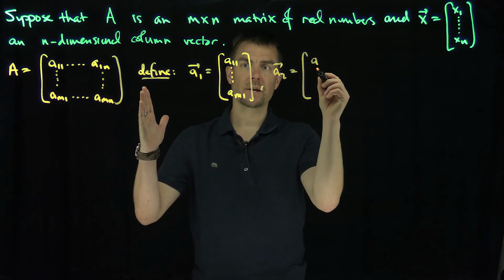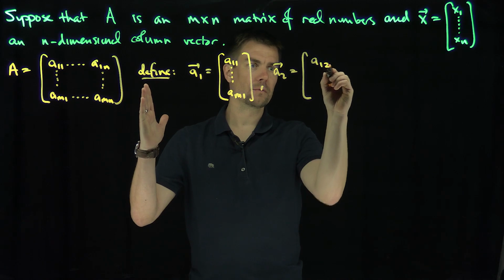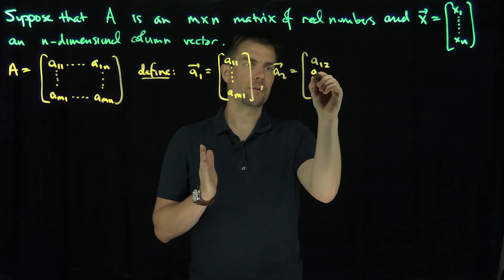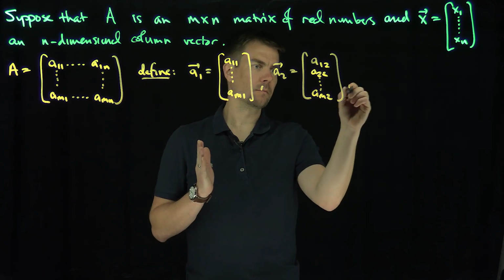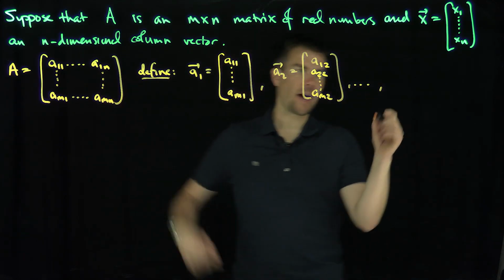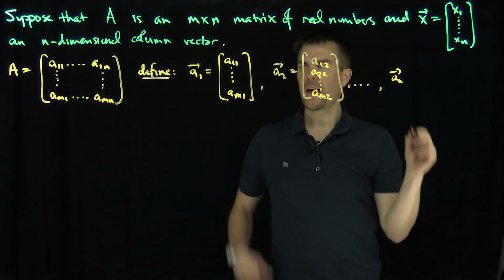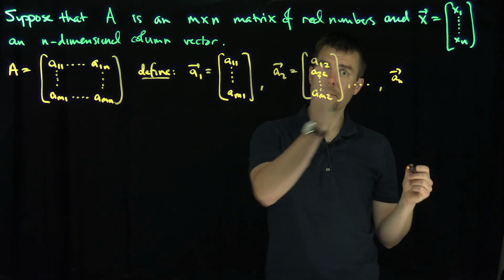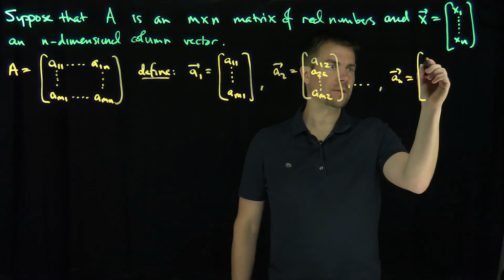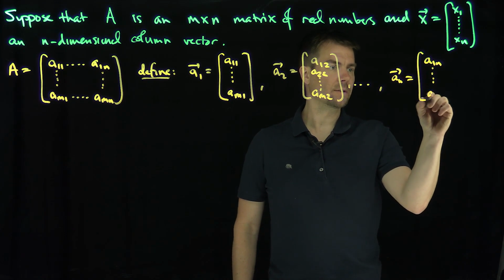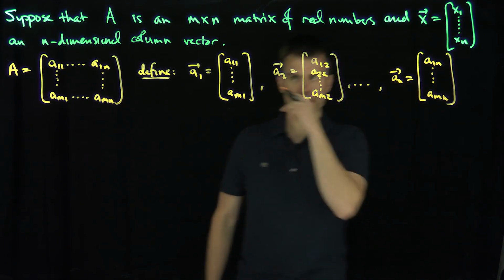So it's going to be A12, A22, down to Am2. And finally, I'm going to define An to be the nth column. So in other words, A1 is the first column, A2 is the second column, A3 is the third column of the matrix A, and An is the nth column of A. So that's going to be A1n down to Amn, okay?